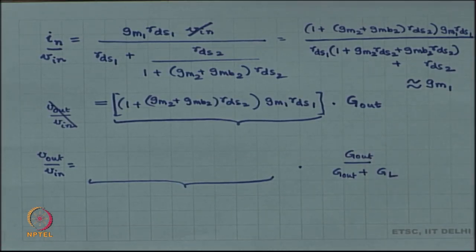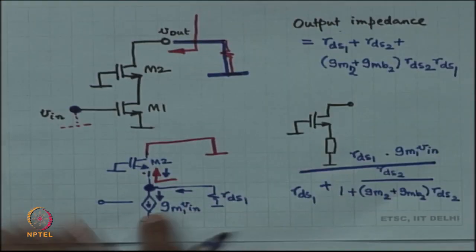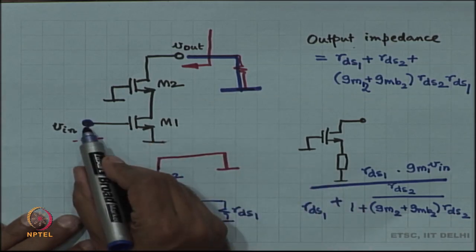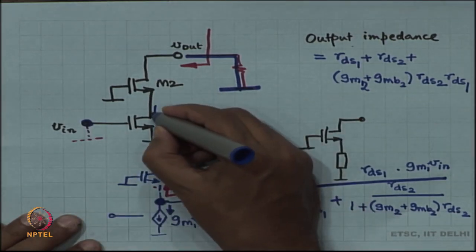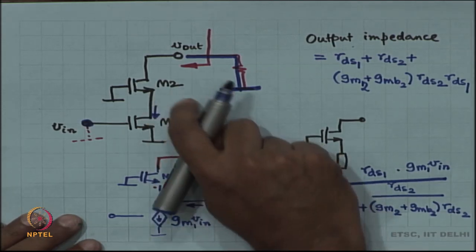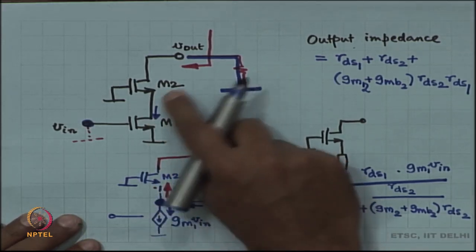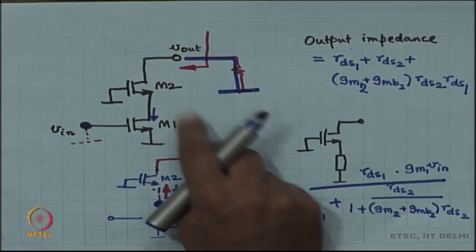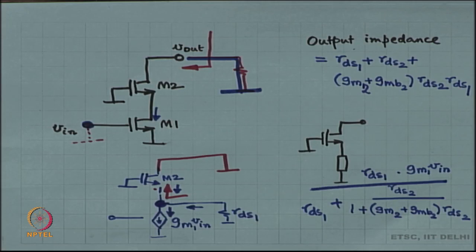All right. You see what happened over here? So, I applied V in, it produced current. Now, this current is going to be shared, portion of it will go through RDS1, portion of it will go into the source, but RDS1 is always much larger than what you see looking into the source.